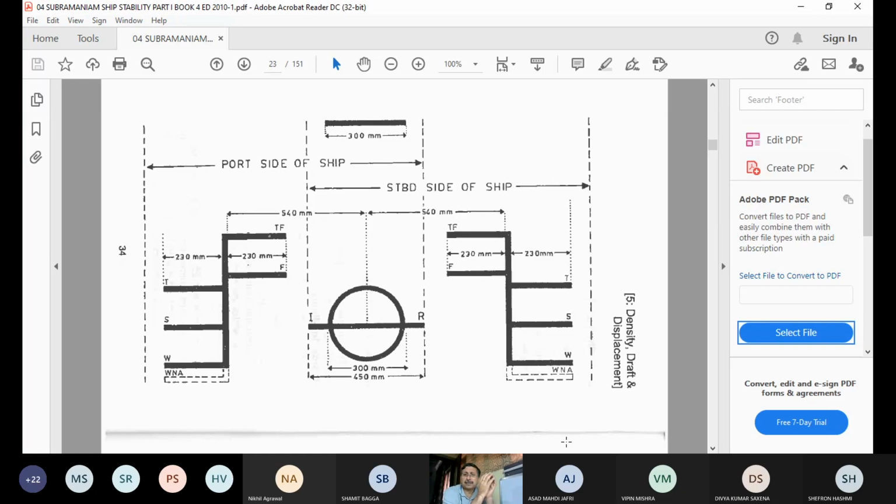Okay. Now let's do a reverse case. I am loading at Haldia, sailing out and going to Chennai, the summer zone. When I sail out from Haldia, I am already in F, already in fresh water.